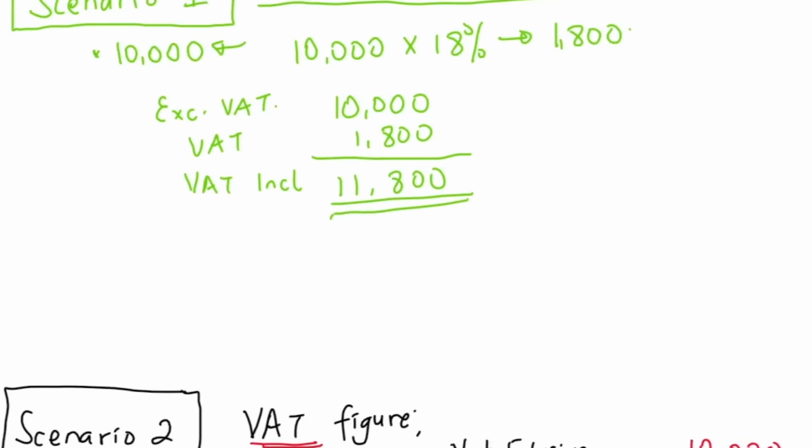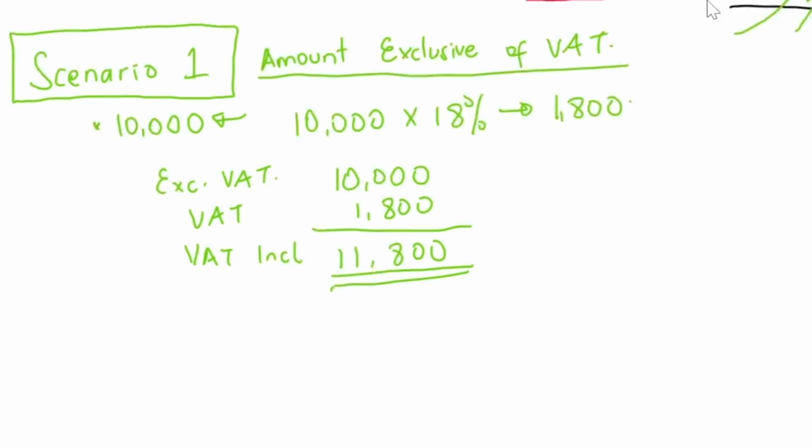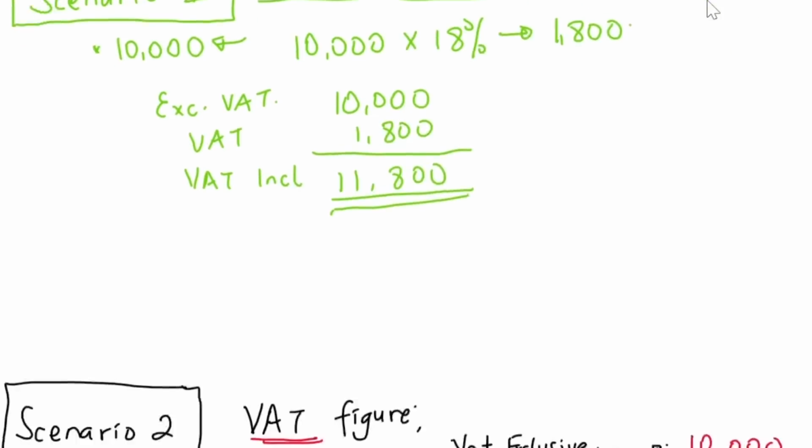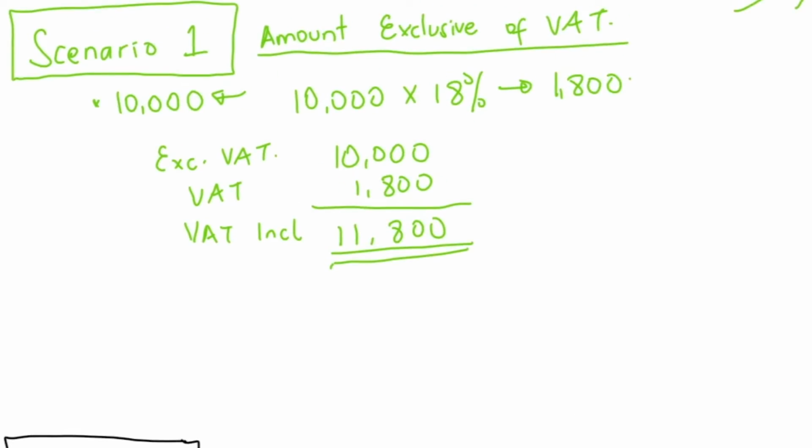In our first scenario, what I need you to see is that this 10,000 represents 100%. This 1,800 represents 18%, because this is the VAT component.